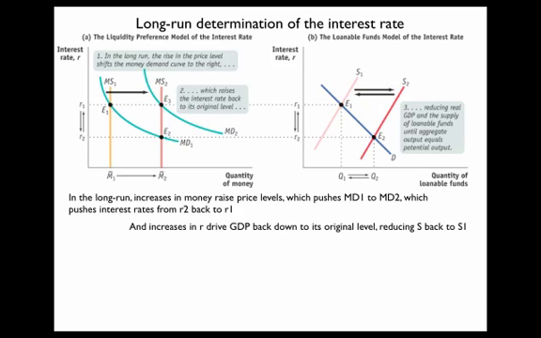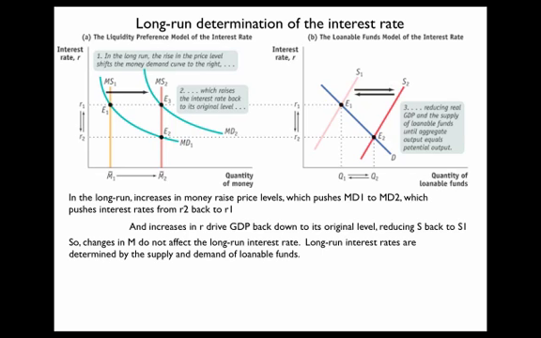GDP goes down. That means we are not going to have that increase in the supply of loanable funds because we're not going to have that increase in savings. What's going to happen is that S2 that you see there on the right is going to go back to S1.